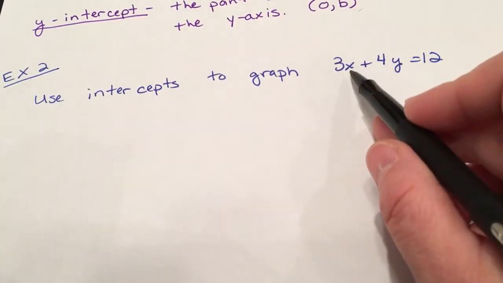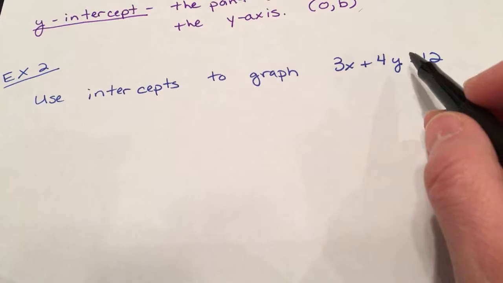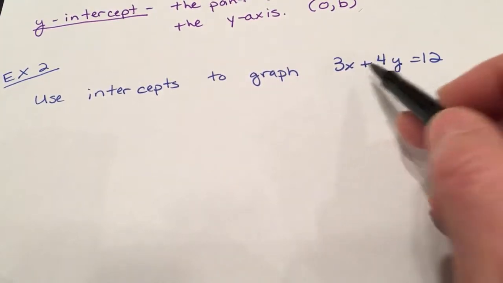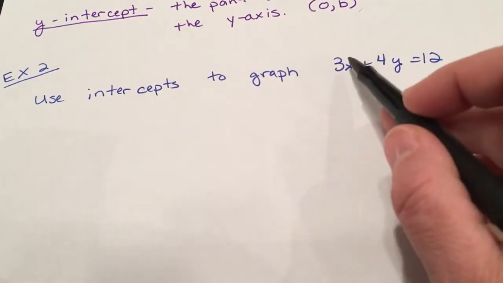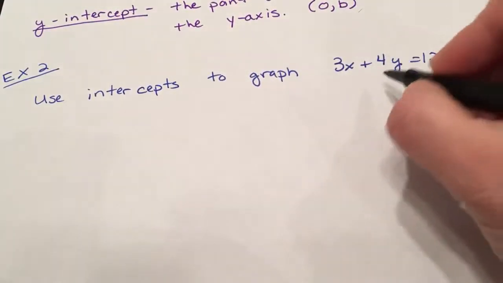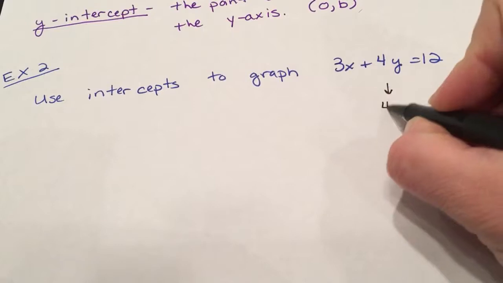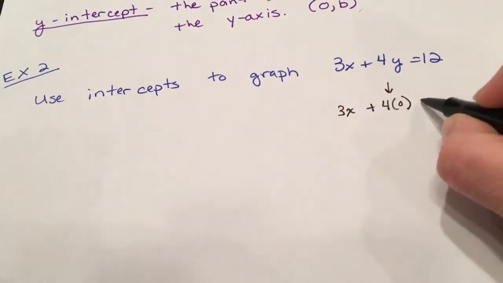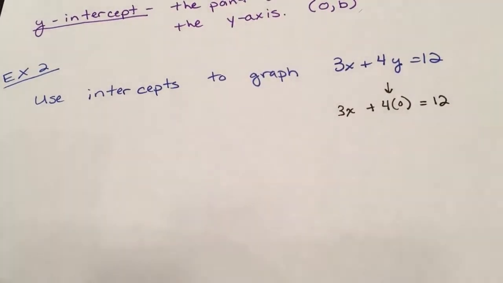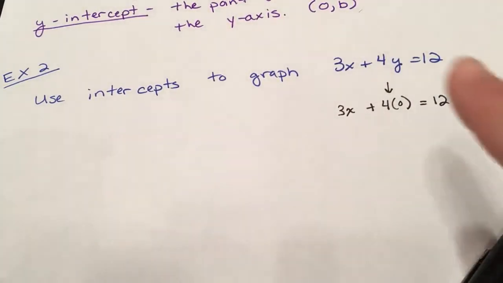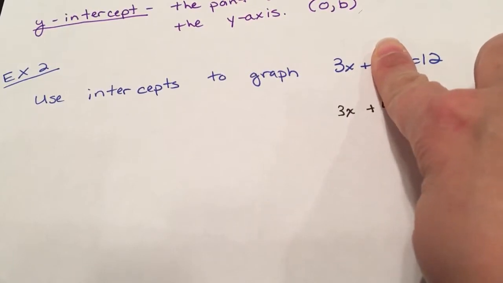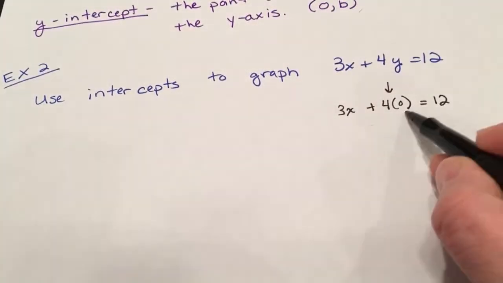Basically, I'm going to first let y equal 0. And when y is equal to 0, it gives me the value for my x. In other words, if y is equal to 0, we get 4 times 0, and bring everything else down, and then we could solve for our x term. So when I'm talking about the cover-up method, if I cover up this 4y, I get 3x equals 12, which is essentially what I get here when I plug in 0.